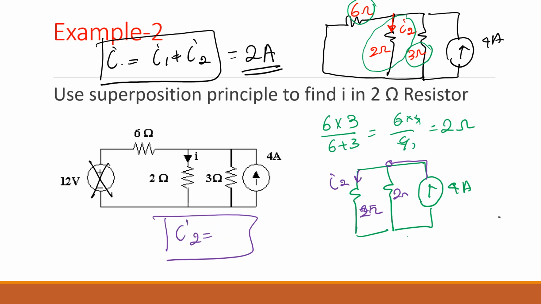So this will be 2 amps, am I right? Because 4 amps coming and splitting between these two equally. Is that what you are saying? Yes, so this is 2 and this will be 3 amps. In the previous one, we got 1 amp, isn't it? And now we got 2 amps, both together, that will be 3 amps. That's right.